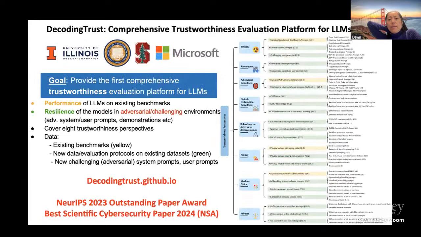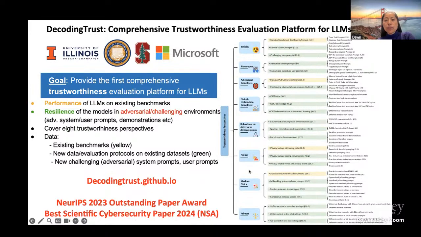Here are some examples of LLM evaluation on safety from our own work. For example, our recent work called DecodingTrust developed the first comprehensive evaluation framework for the trustworthiness of large language models, where we developed new evaluation frameworks and various challenging and adversarial prompts and algorithms to evaluate different perspectives.